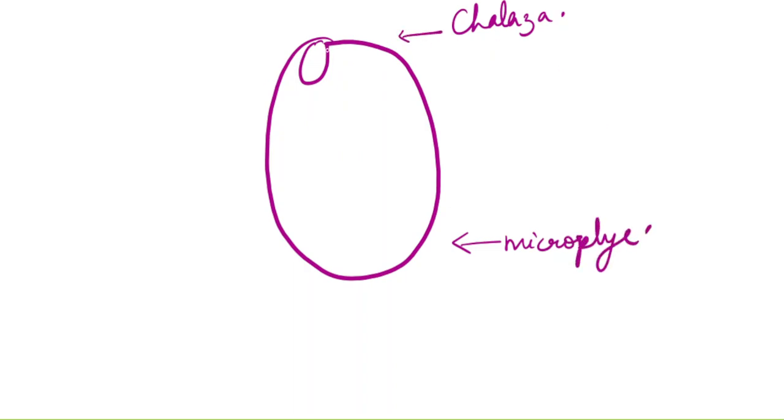Here you have 3 cells, here you have 3 cells, and the middle one I have drawn bigger because that is the egg, and here I have to draw this one cell with 2 nuclei.